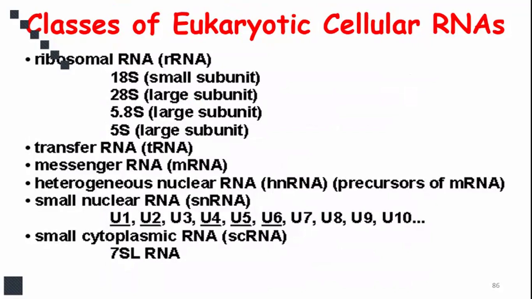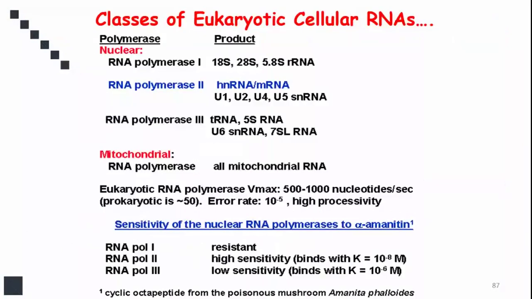The other thing we need to appreciate is the fact that there are classes of eukaryotic cellular RNAs. Now, ribosomal RNAs, like we saw in the last class, 28S, 18S, 5.8S, and 5S, and then transfer RNAs, messenger RNAs, heterogeneous nuclear RNAs, and then small nuclear RNAs, which are listed as U1, U2, down to U10 and beyond, and then small cytoplasmic RNAs, and then what you see as 7SL RNA.